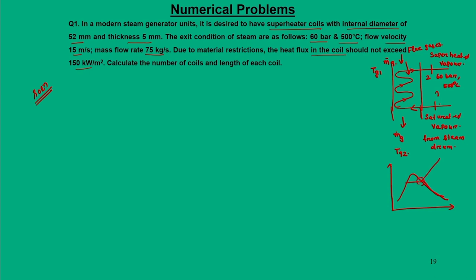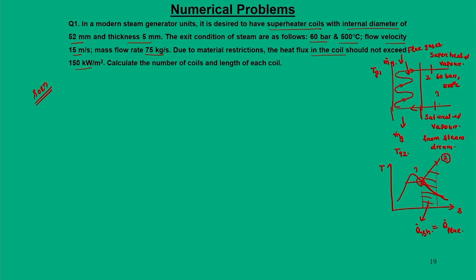We are at point 1, the steam requirement is at point 2, and in a temperature entropy diagram this heat we call QSH, the superheater load, and this QSH is to be supplied by the Q dot of the flue gases. Of course, there is no information about the flue gases.